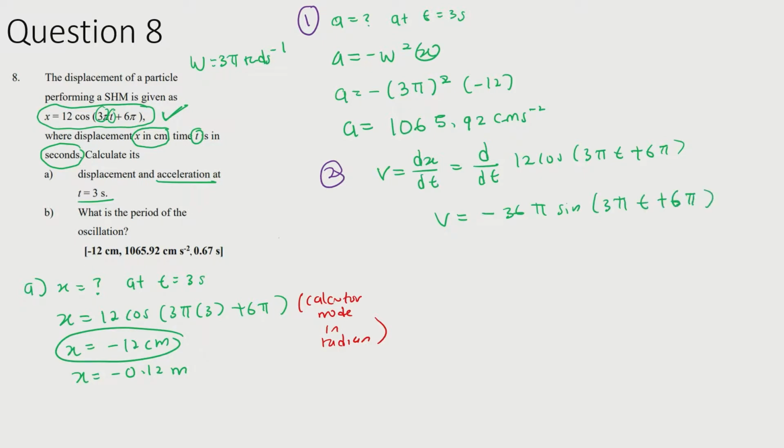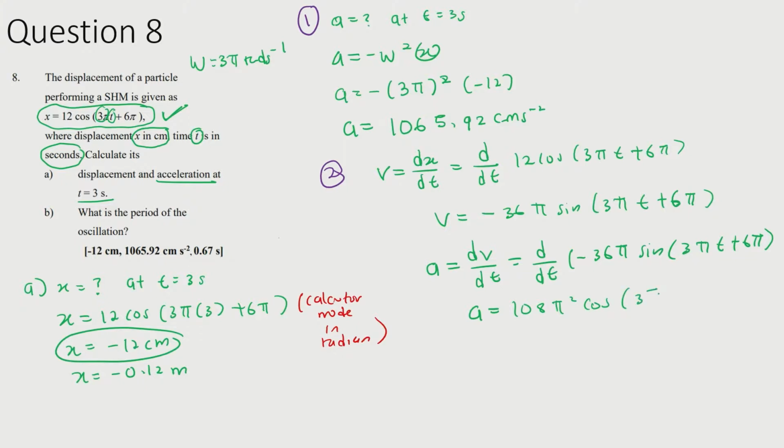But we have to differentiate twice, right, in order for us to get acceleration. So for acceleration, we use the instantaneous acceleration formula, which is dv/dt, and we substitute the v. So d/dt of negative 36π sin(3πt + 6π), after you differentiate, you will get 108π² cos(3πt + 6π).